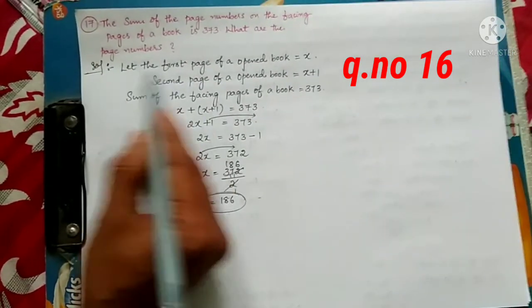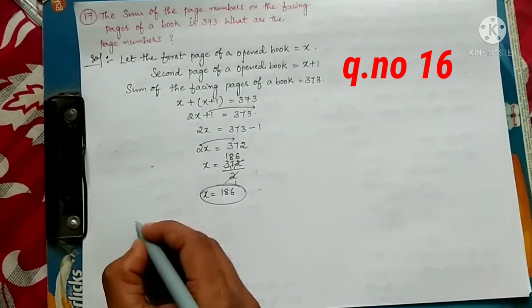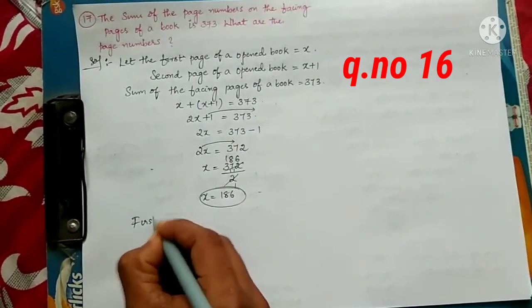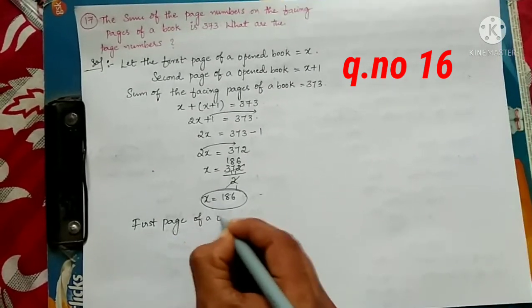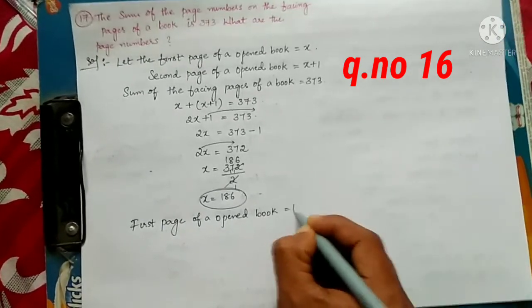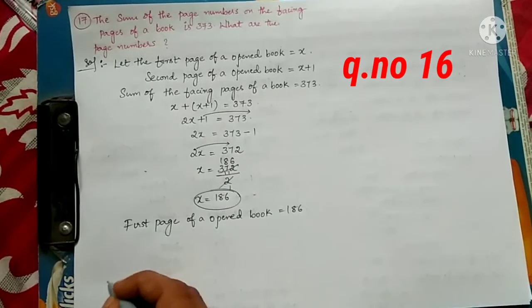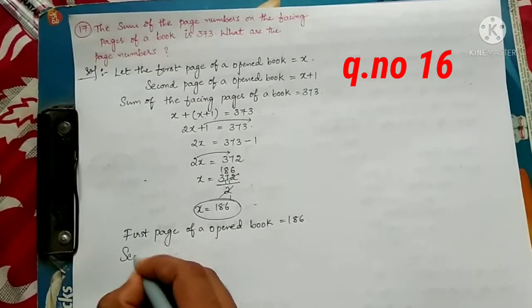That means the first page of an opened book is 186. Now I write: the first page of an opened book is 186. So automatically we can say the second page also.